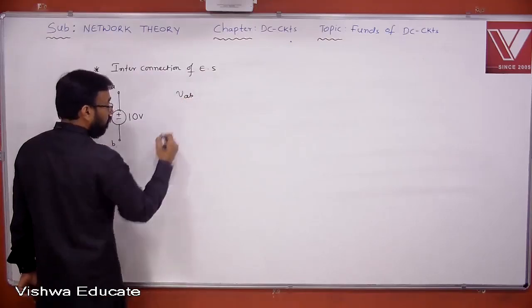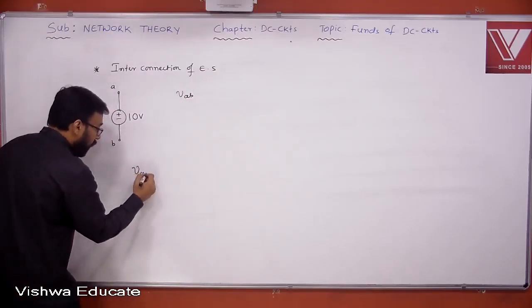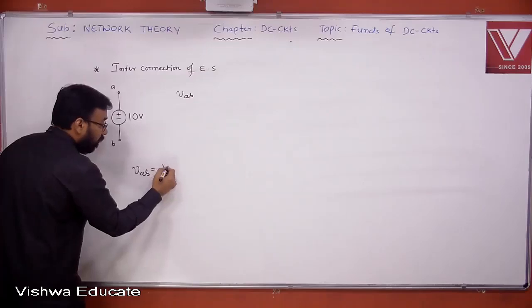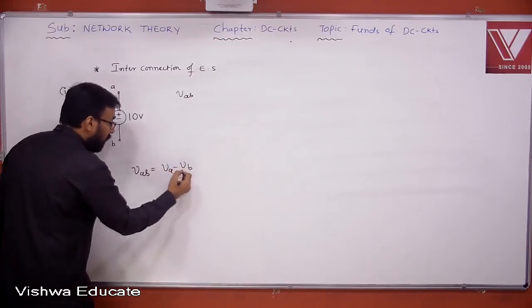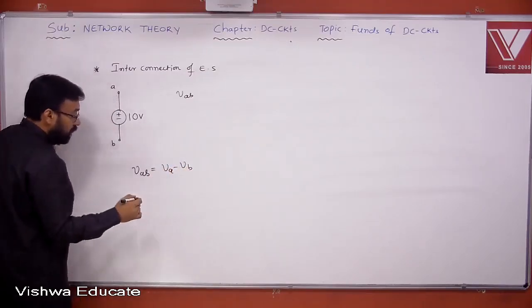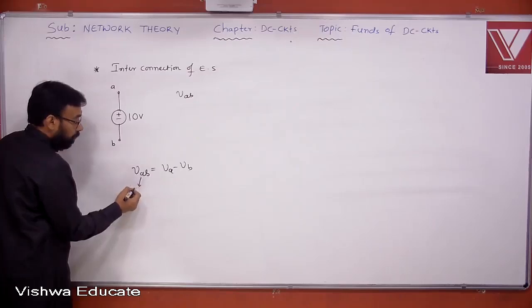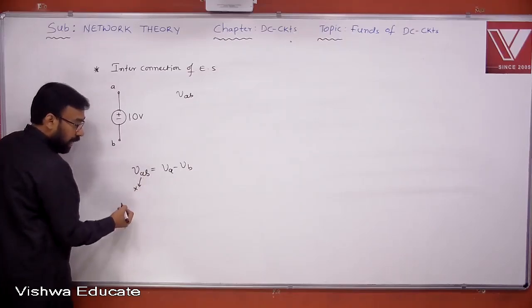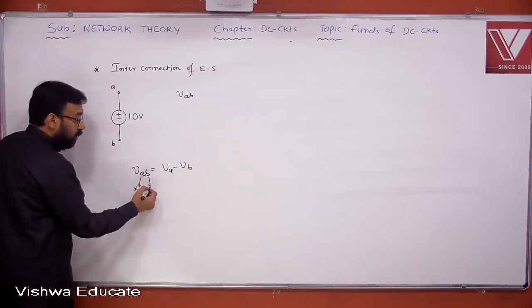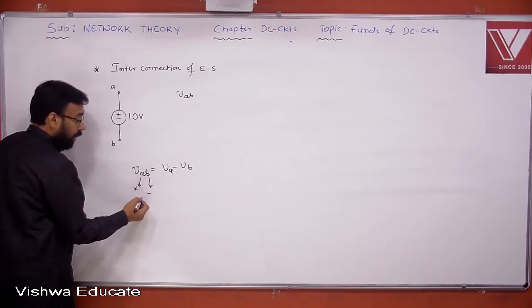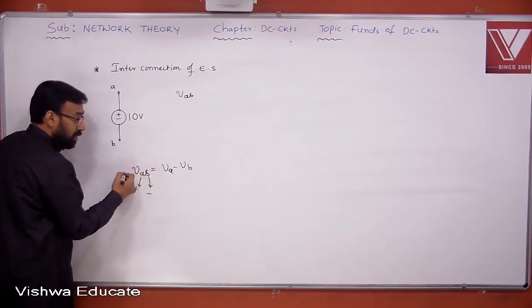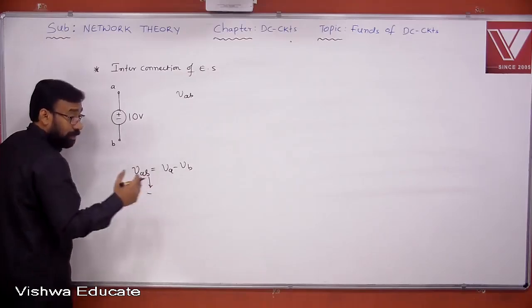That is VAB, so VAB is a known value. What is that? VA minus VB. That means the voltmeter positive terminal is connected to A, the first letter, and the voltmeter negative terminal is connected to B. Then how much does it read? That means you are asking VAB.